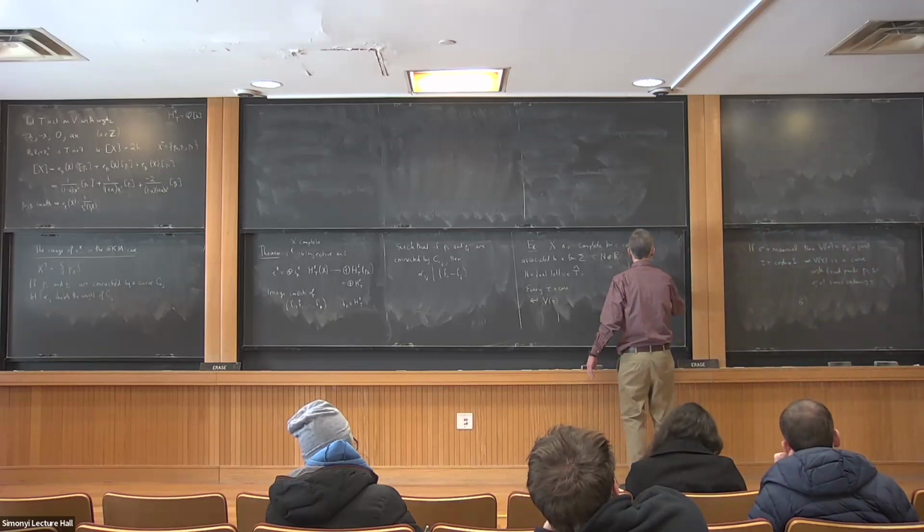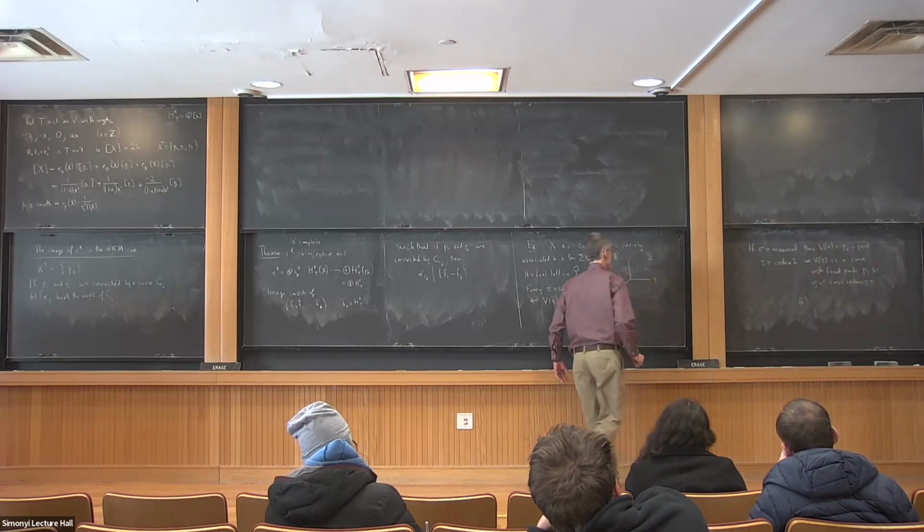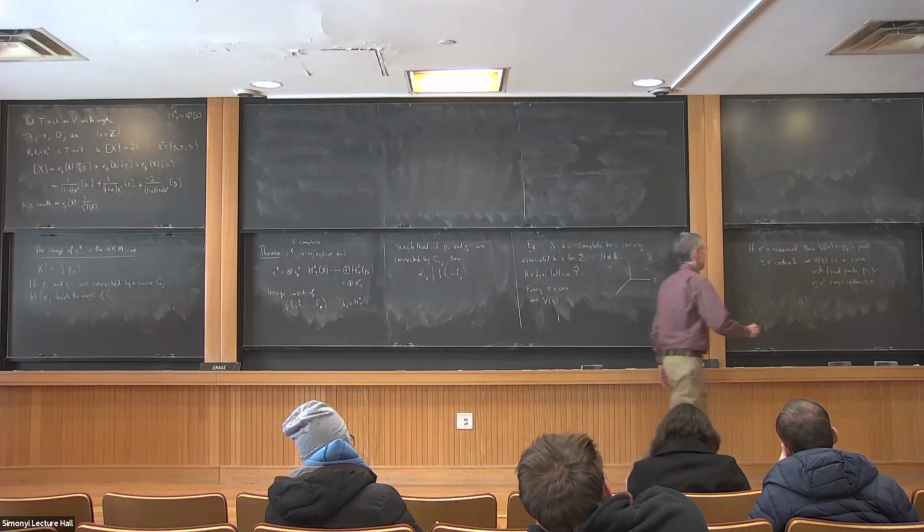So say if this is tau, this would be sigma, and sigma prime is here.